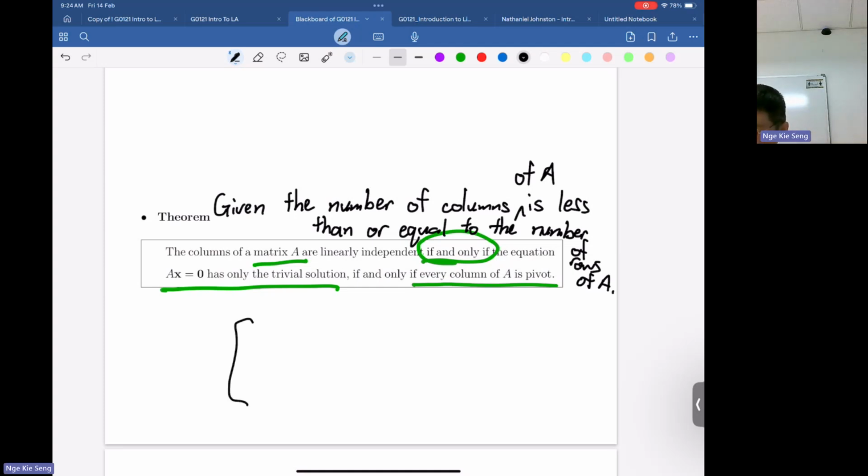I mean, you cannot, for example, let me give you this example here.